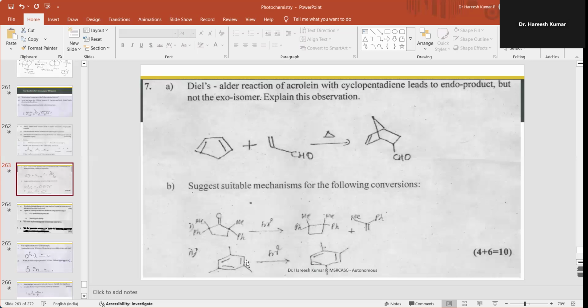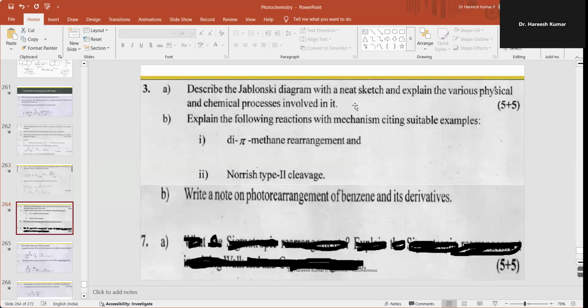Then the photochemistry of aromatic compounds: 1,3,5-trimethylbenzene on irradiation will convert into 1,2,4-trimethylbenzene. This is our photochemistry of aromatic compounds. Then I will go to the next slide. In the next slide, I am taking the Jablonski diagram. That means you have to draw the diagram.